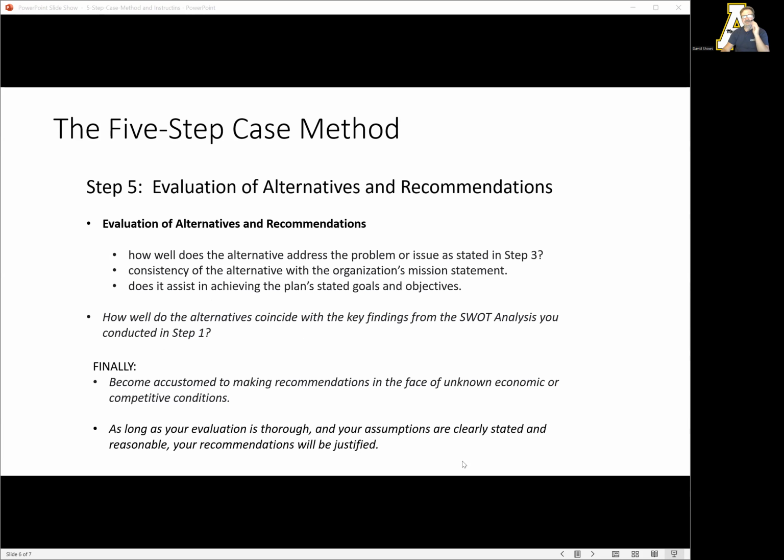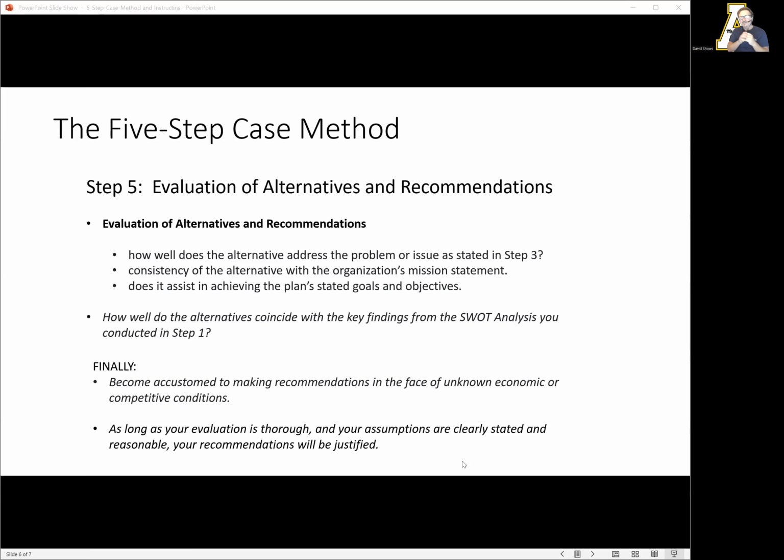And remember, when you evaluate alternatives, how well does the alternative address the problem or issues that are stated in step 3? Remember that whatever alternative must be consistent with your corporation's mission statement. And does it assist in achieving the plan's stated goals and objectives?